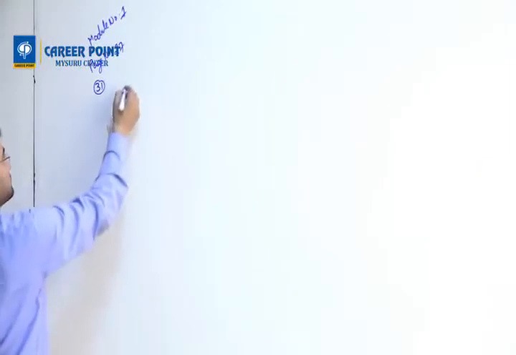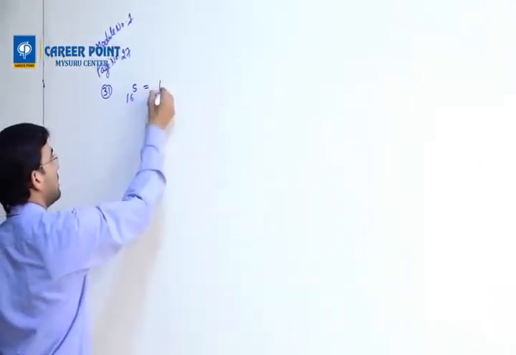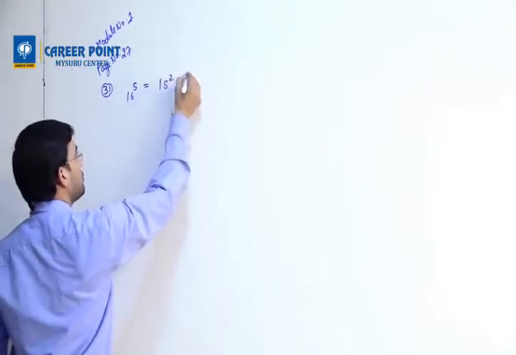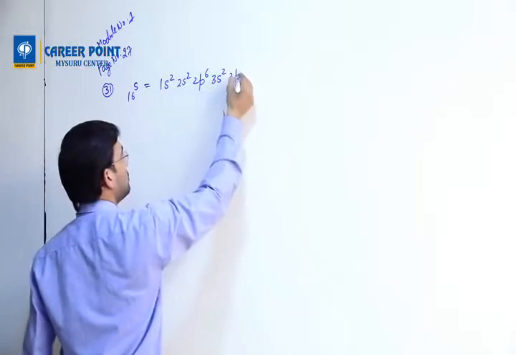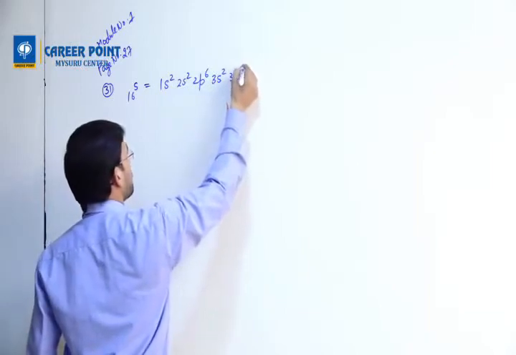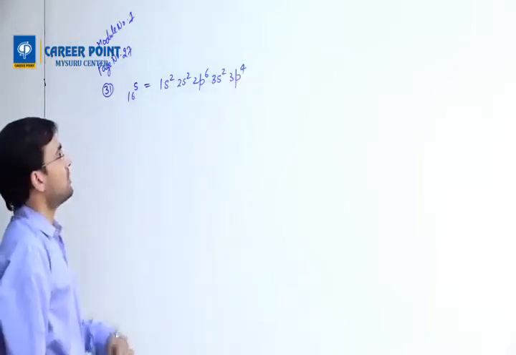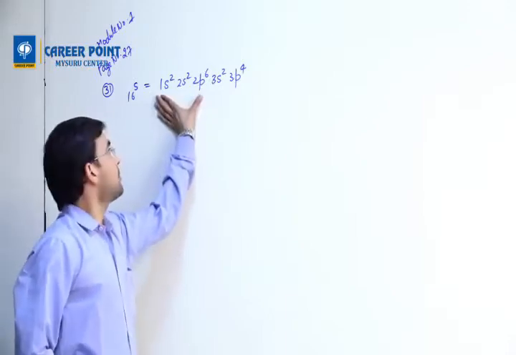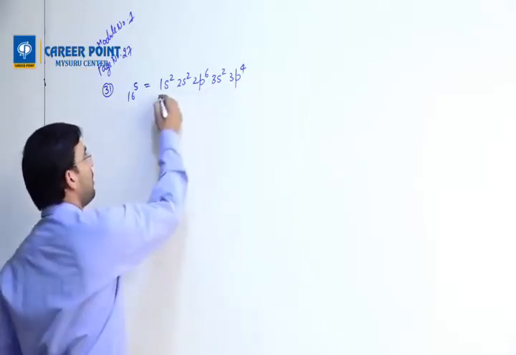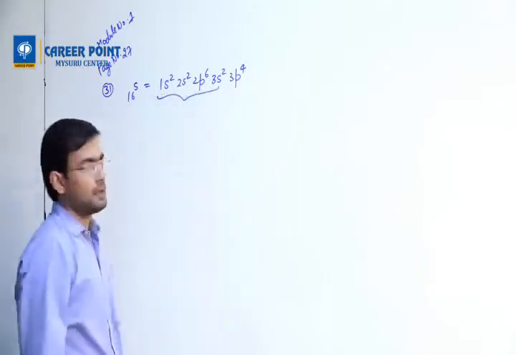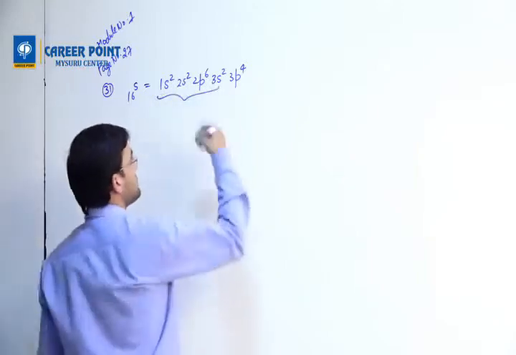Sulfur is 16. The electron configuration is 1s2, 2s2, 2p6, 3s2, 3p4. These are 10 plus 6, so the total becomes 16. All of these are completely filled; p is partially filled.